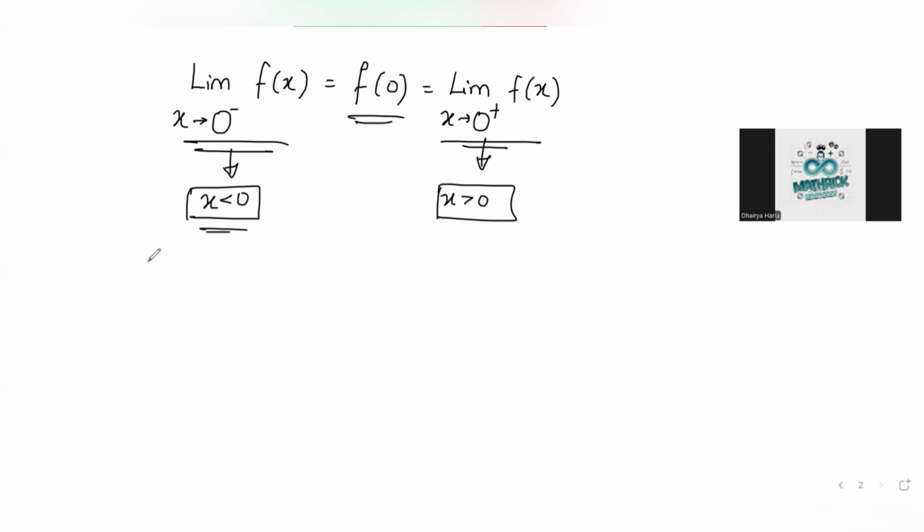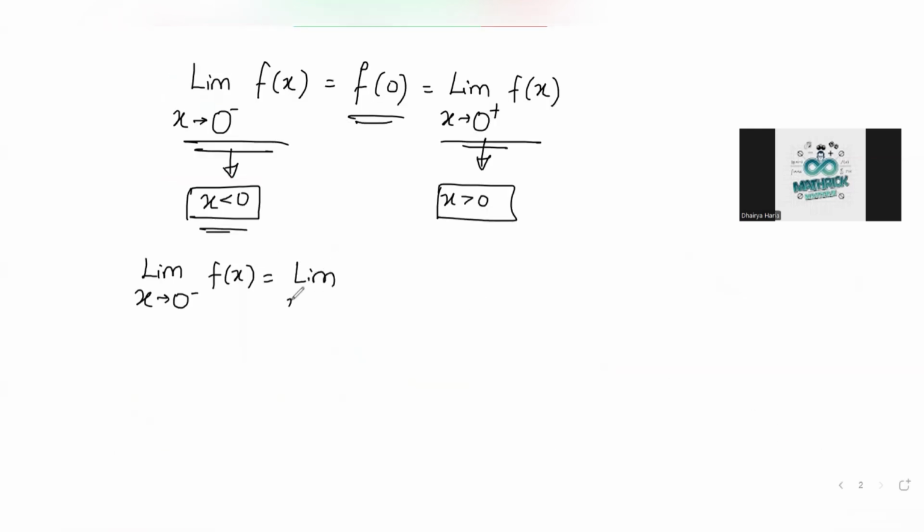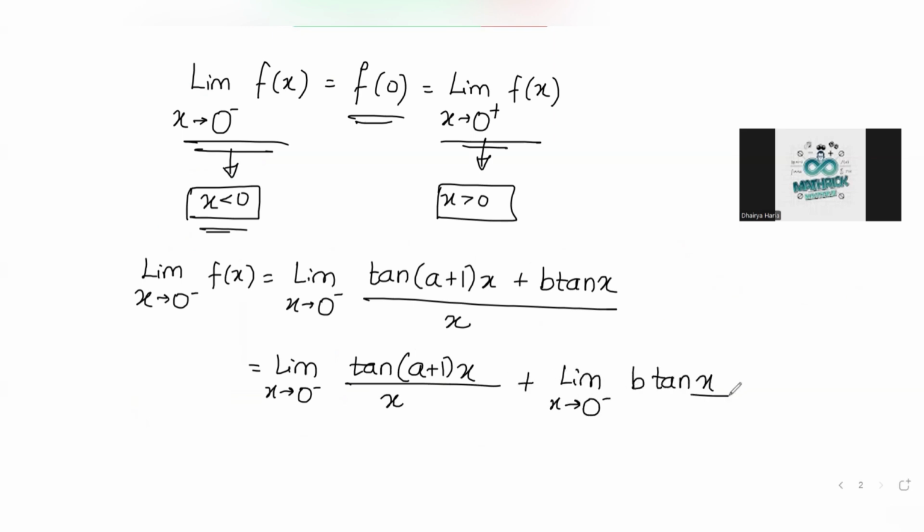Let's figure out each of them individually first. For x tends to 0 minus, the limit of the function is the entire expression tan of (a plus 1)x plus b tan x divided by x. If I split it, I get the limit as x tends to 0 minus of tan of (a plus 1)x divided by x, plus the limit as x tends to 0 minus of b tan x divided by x.